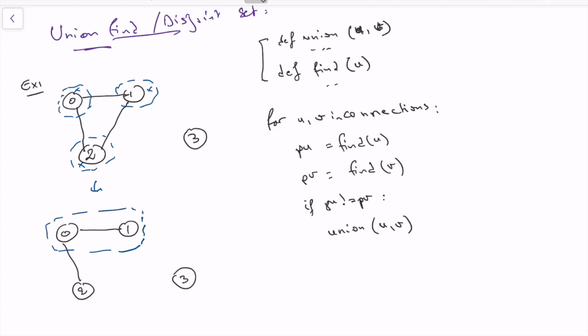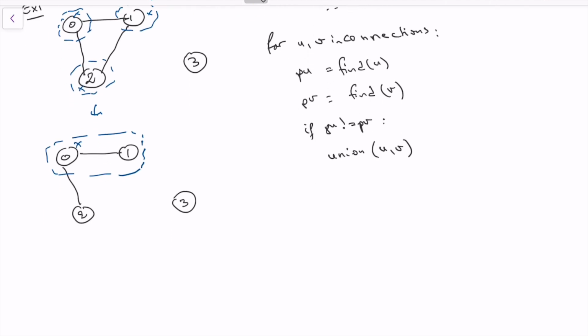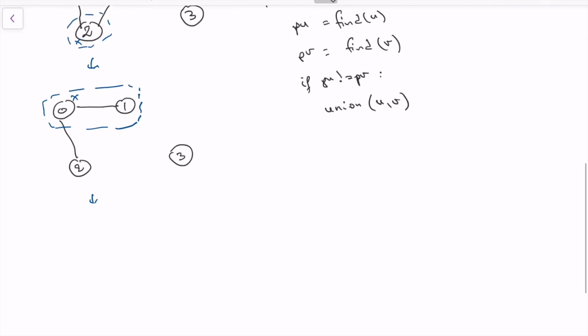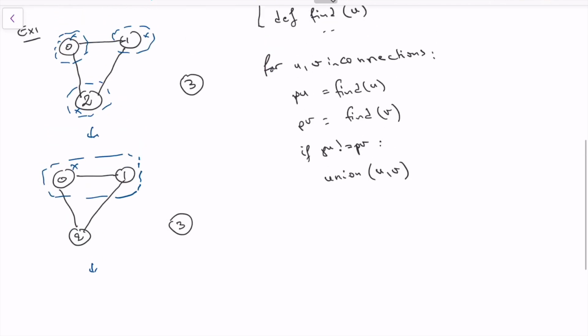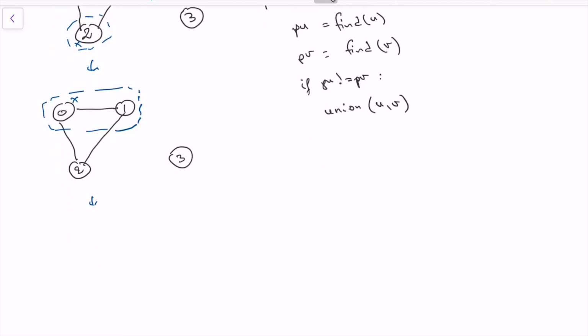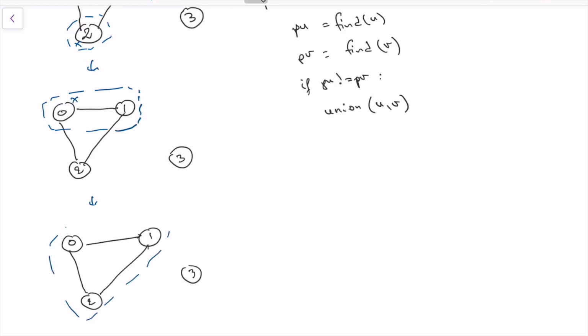Because we union them, and let's say we choose 0 as the representative. In the next step, we also find the link 0 and 2 because we are traversing the connections. So now we would have 0, 1, and then 2, and now we have this entire thing as a component, right?